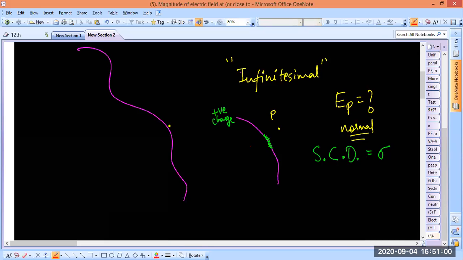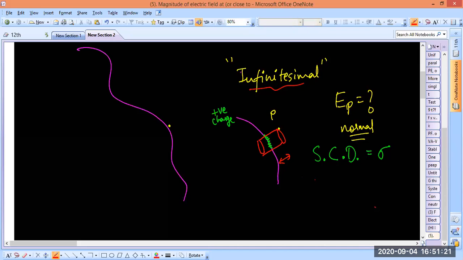Like a cylinder, but a small cylinder, not a long one. Okay, not like this, a very short one. This is obviously short because this is an infinitesimal distance. This distance is very small, right? So this is a short cylinder.